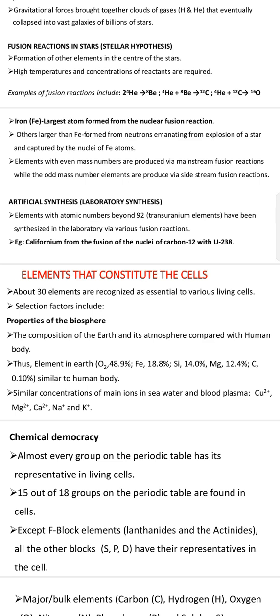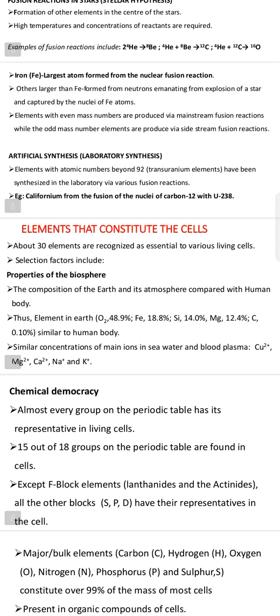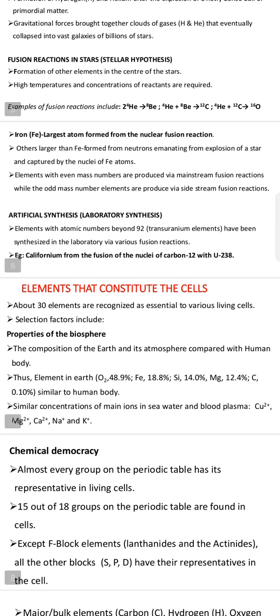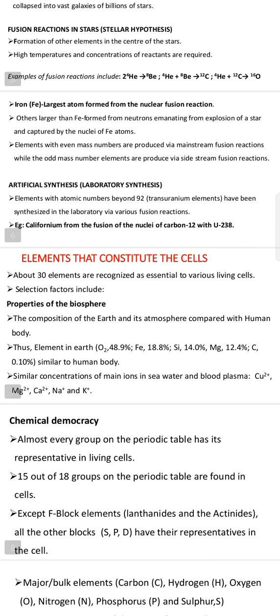So before any two elements are combined in the center of the star to produce other elements, those reactants have to have high concentration and high temperature. So those are the factors concerning the stellar hypothesis in the production of other elements in the center of the stars.